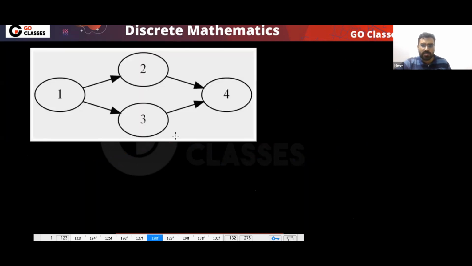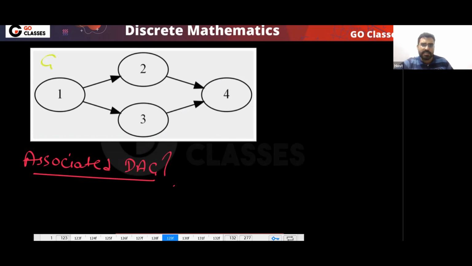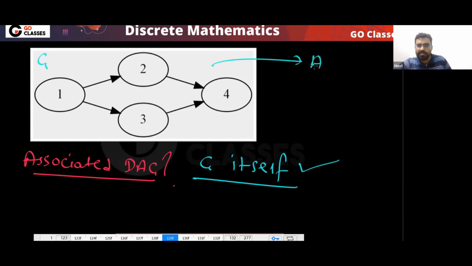Next, what is the associated DAG for this? This itself. The associated DAG is G itself, because this is already a DAG.